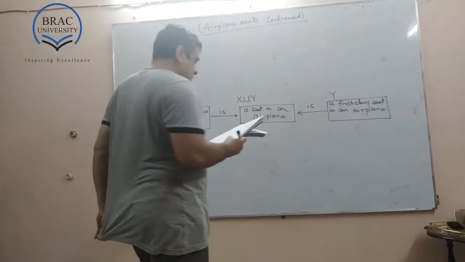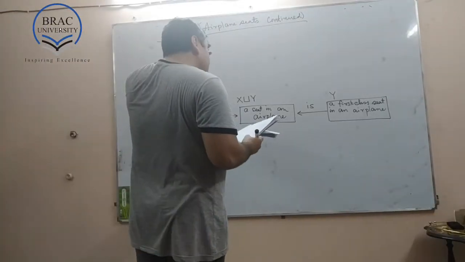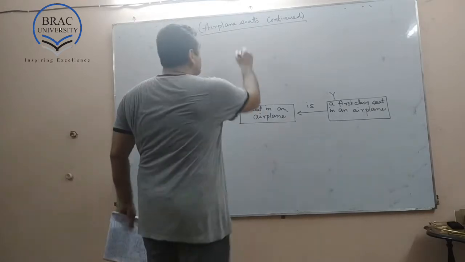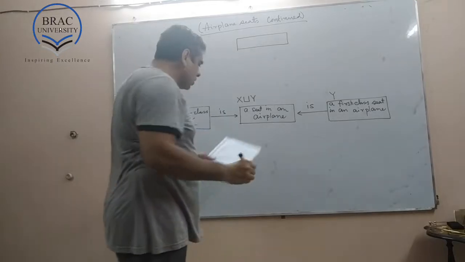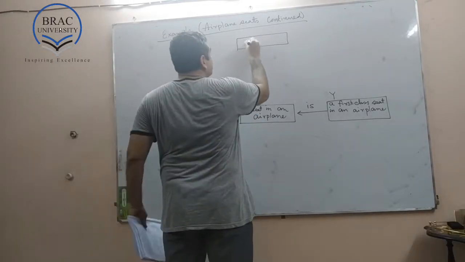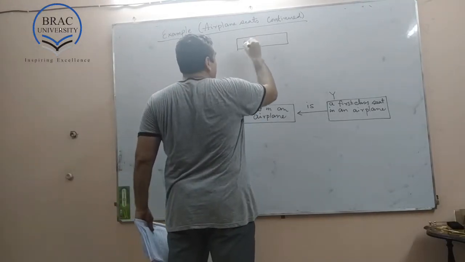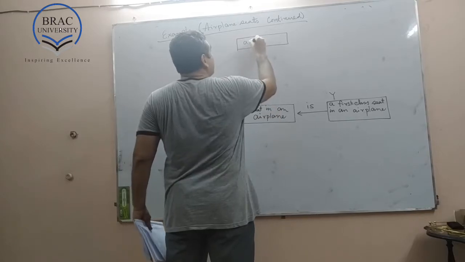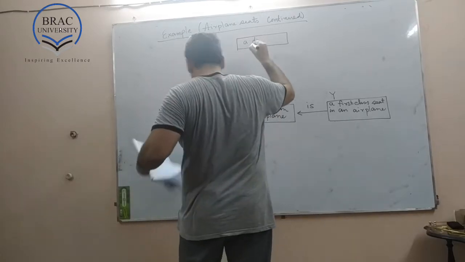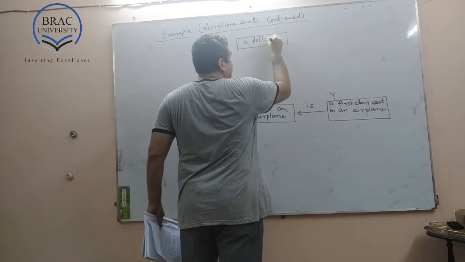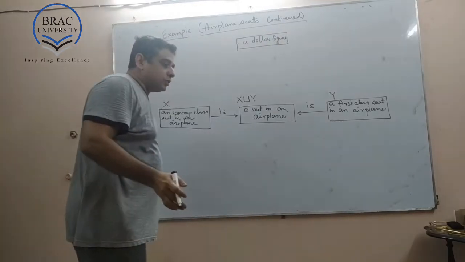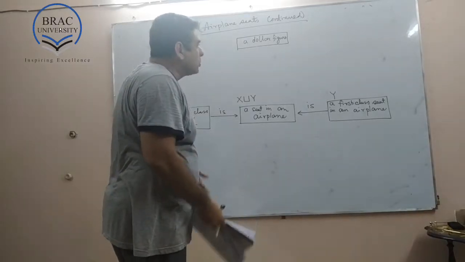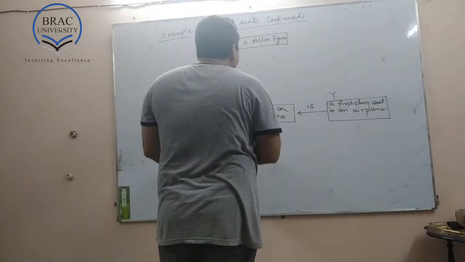So now there is another type here which we label as a dollar figure, which is relevant to the price of the seat. A dollar figure, say 25 US dollars, something like that.